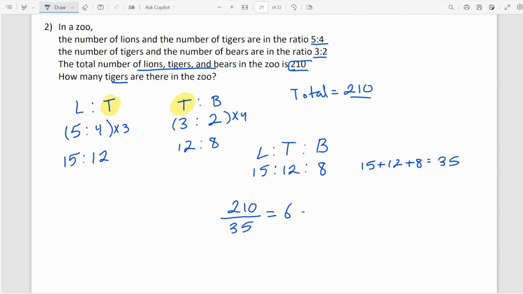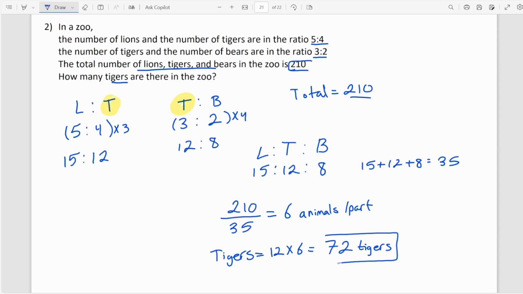So basically, this is 6 animals per part. Now the tigers have 12 parts, so 12 multiplied by 6, and this gives us 72 tigers. Okay, so this is the final answer.